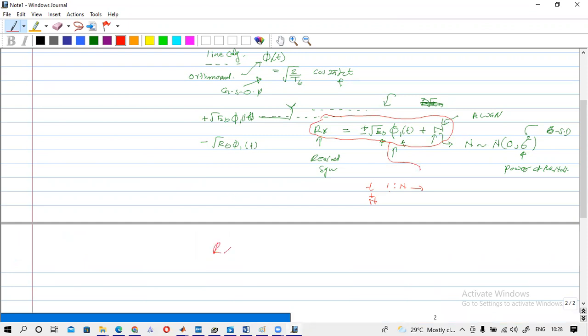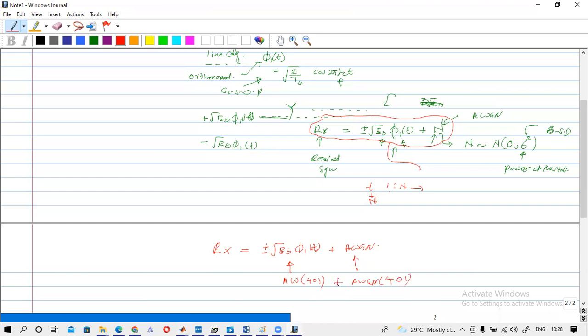You know that Rx, the received signal, should be plus or minus root Tb, u1(t), plus n, where n means AWGN, additive white Gaussian noise. So in our simulation, we put this information into the MW array, which has 401 elements, and we have generated AWGN values, which also have 401 elements.